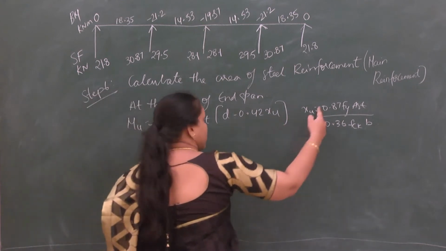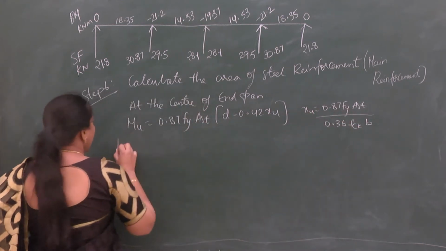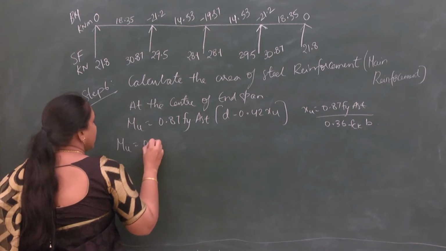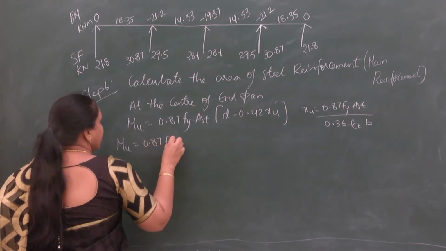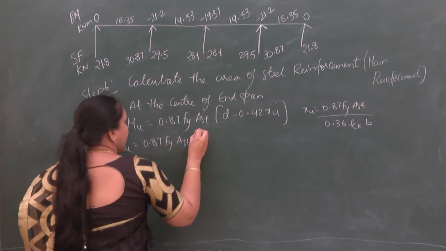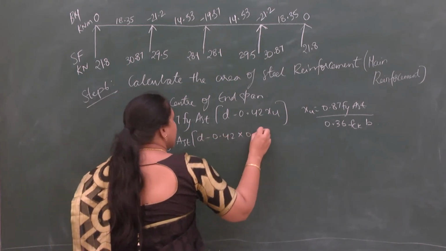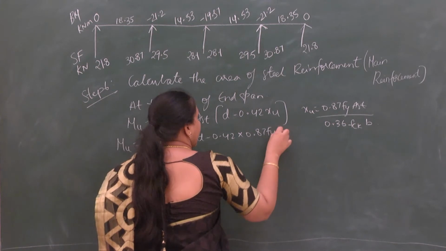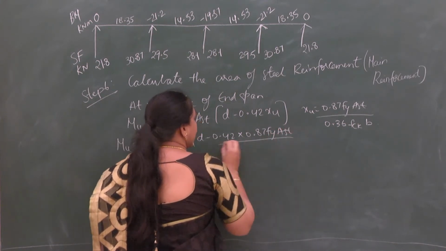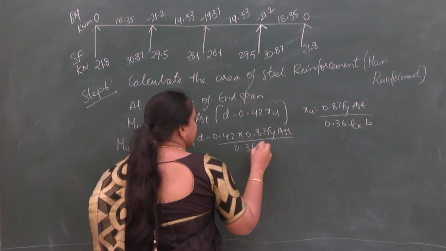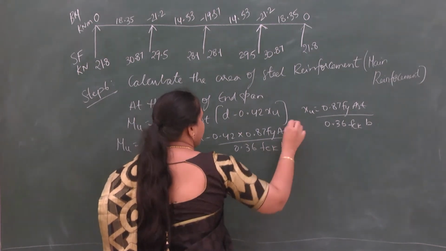So here in place of xu you have to substitute this. So Mu is equal to 0.87 fy into Ast into (d minus 0.42 into 0.87 fy into Ast divided by 0.36 fck into b).